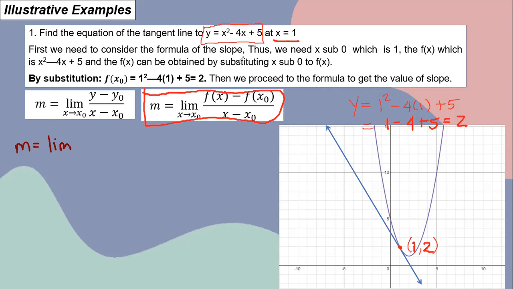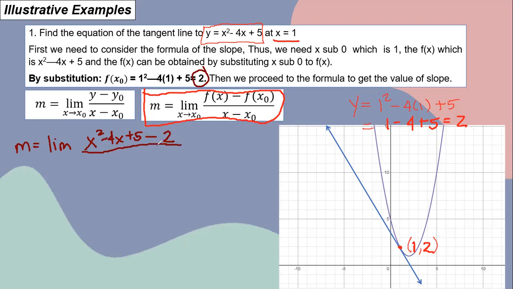That is also our equation. That is also y. F of x is x squared minus 4x plus 5, okay, minus f of x sub 0, yung f of x sub 0, yun yung kinompute natin kanina, which is equal to 2.